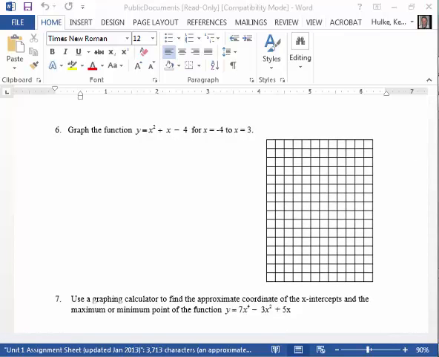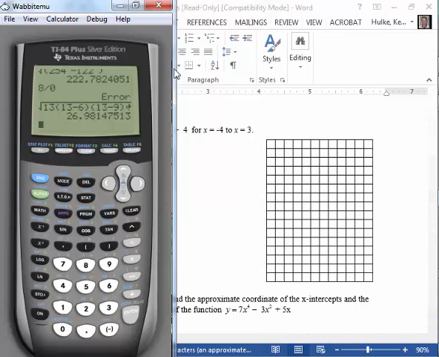Next one. Graph this function. I think the easiest way to graph one of these is with the graphing calculator. So let's see here.